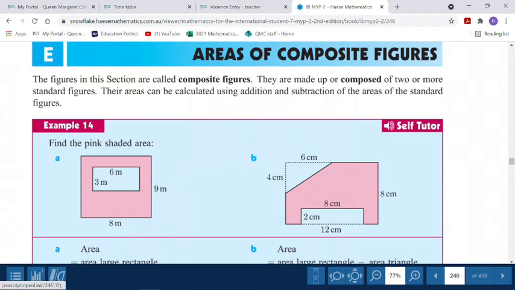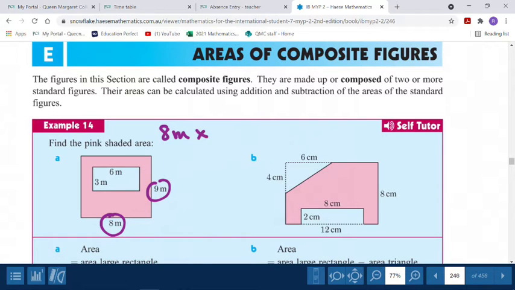You see that the pink shaded area is a rectangle with a hole in it, right? So we need to find the area of the whole rectangle on the outside. And since this part is cut out, I'll find that area and then we'll do what? Subtract it. It's very straightforward, yeah? The area of the outside rectangle is 8 meters by 9 meters.